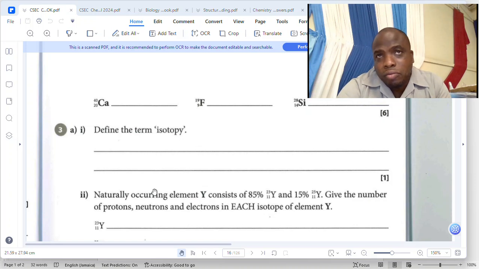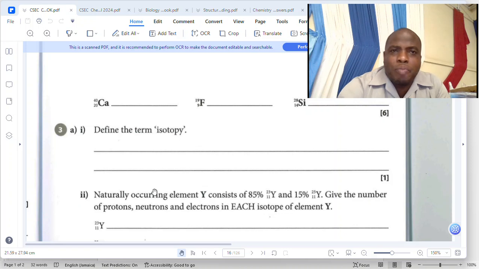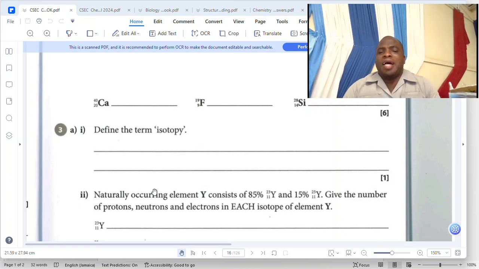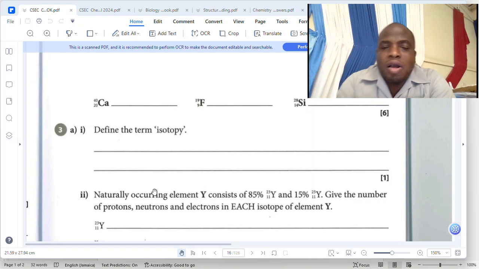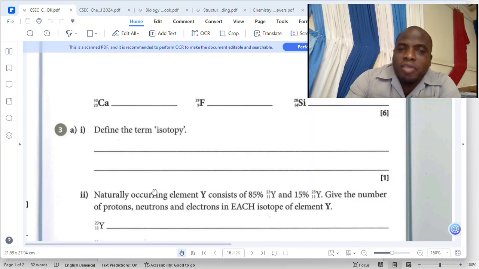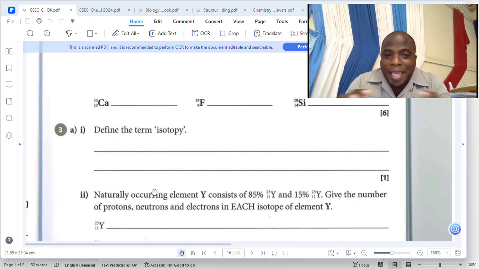And so, really and truly, CSEC likes to ask this question: in terms of the physical property, how would you describe that of isotopes? The physical property is slightly different with these atoms because the mass of these atoms will be different, and so normally we call them by their mass number. So when we say carbon 12 or carbon 14, the 12 and the 14 are the mass numbers. You see a slight difference in the mass number, so their physical property will be different.